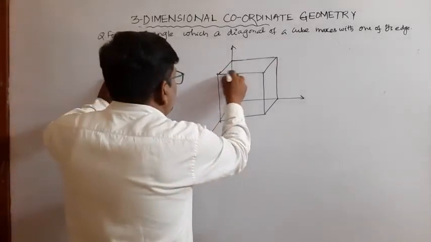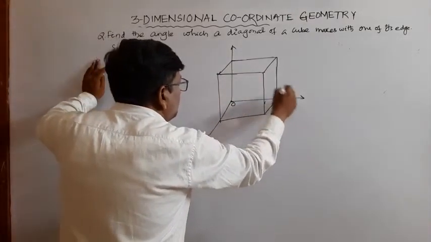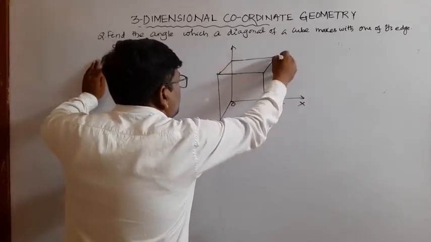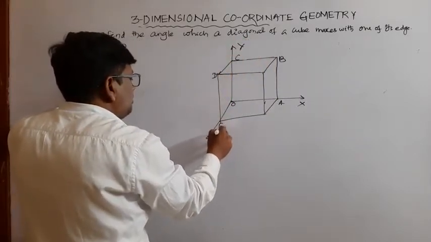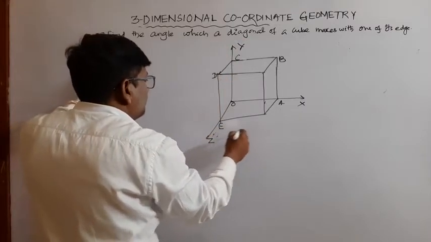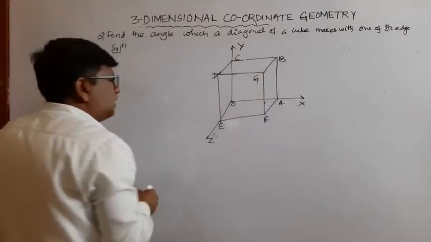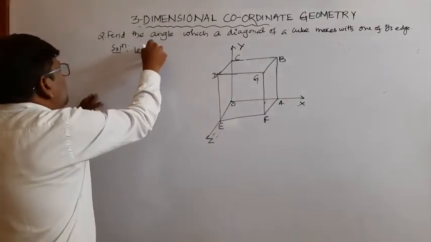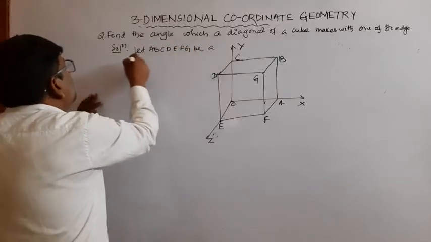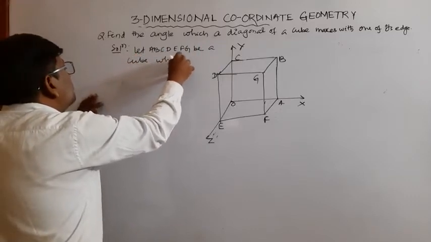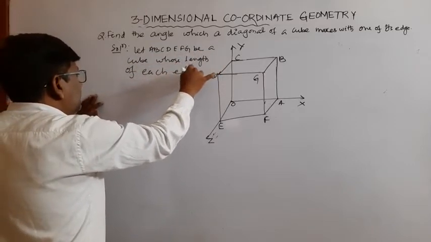This is O, this is A on the x-axis, and this is B, C, this is the y-axis, this is D, and this is E on the z-axis, and this is F, and this is G. Let OABCDEFG be a cube whose length of each edge is a unit.